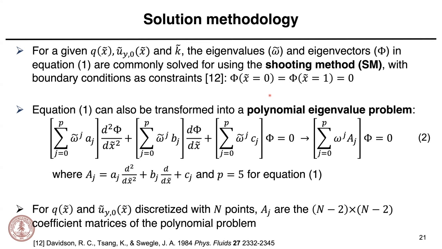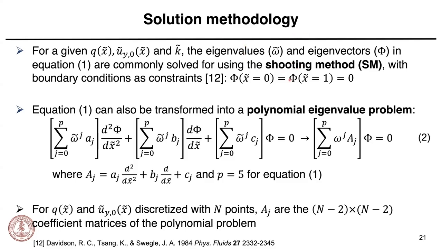If it doesn't, then you have to iterate and choose a different eigenvalue. That's how the shooting method essentially works. So this process needs an initial guess, and it's an iterative process where you have to keep going to get a solution.